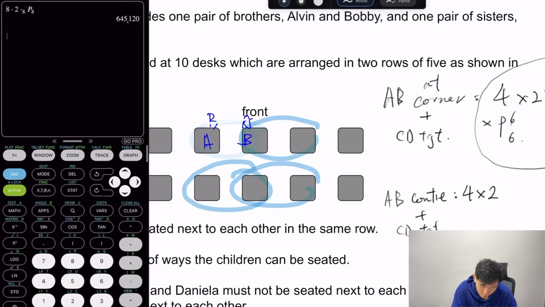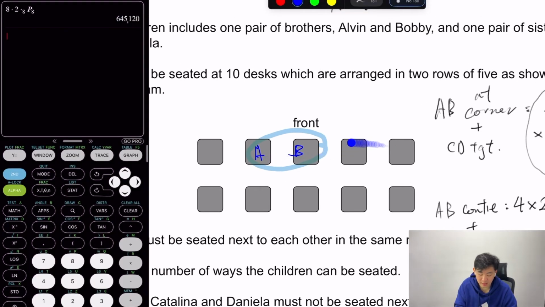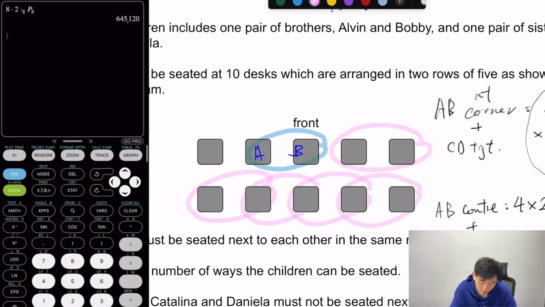Now we consider one of the styles. If it's seated like this, basically the rest are pretty much the same thing. How can the CD be seated together? Let's circle it. They can't fit there, so there are only 1, 2, 3, 4, 5.